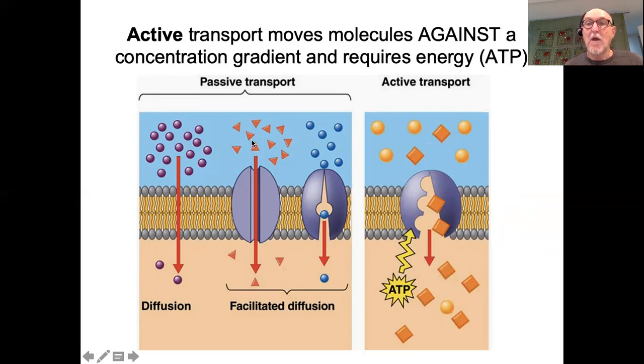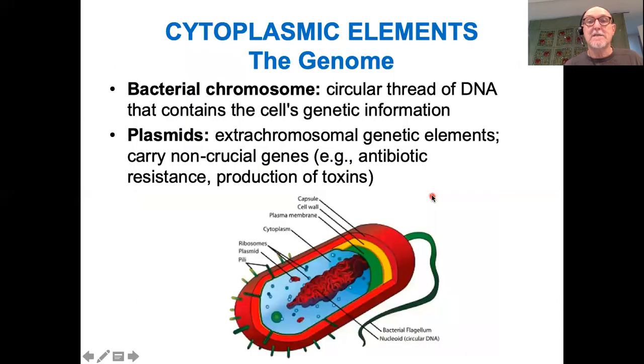The passive went from high to low. Those are diffusive processes. Active transport takes from low concentration to a high concentration because it wants to accumulate useful molecules inside the cytoplasm. But in order to move against that concentration gradient like that, it has to put in energy. So that is an active transport process.